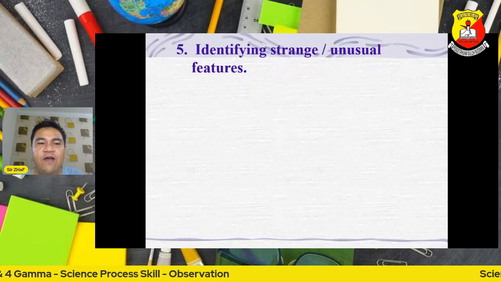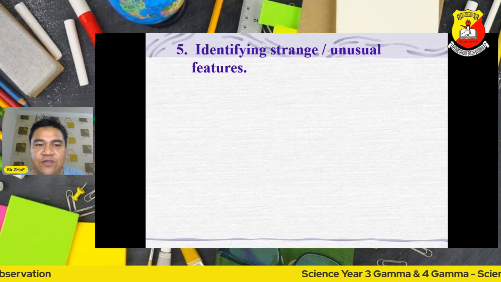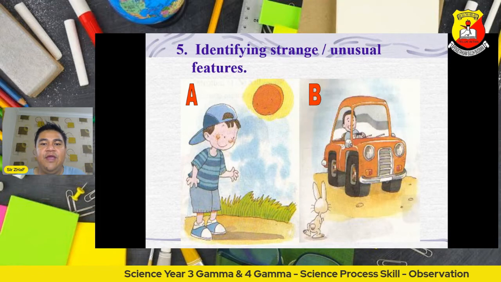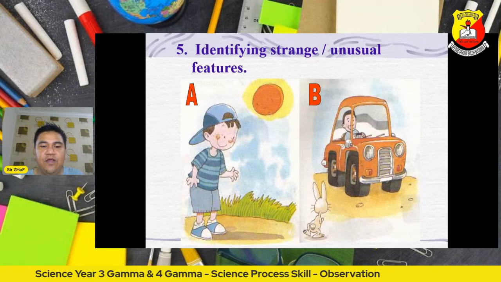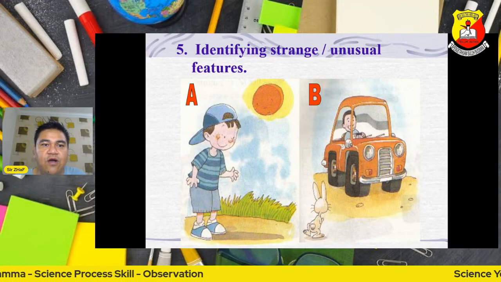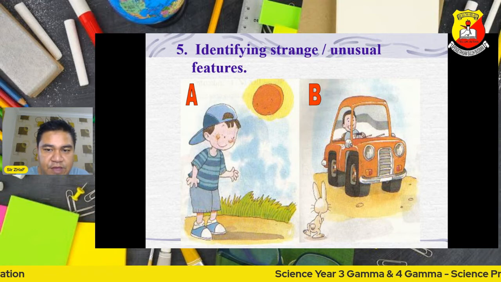Okay, so number 5, you need to identify strange or unusual features. Look at picture A and picture B. What is the strange or unusual feature in picture A?